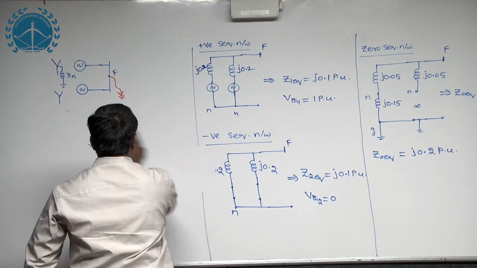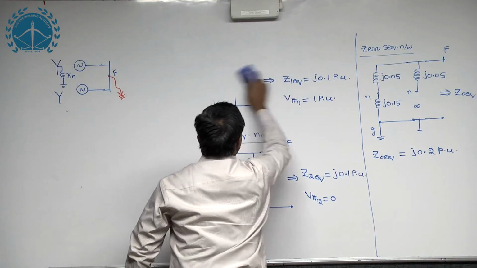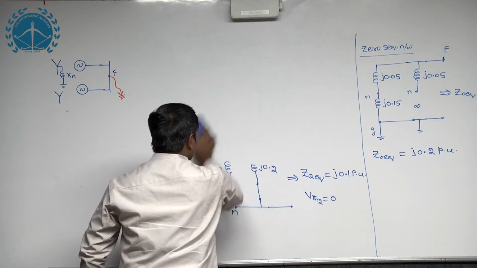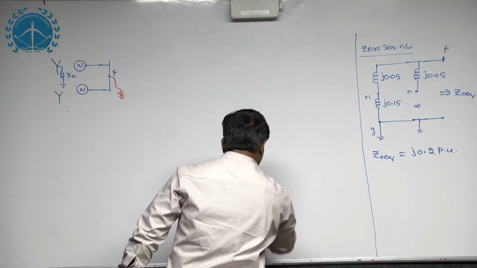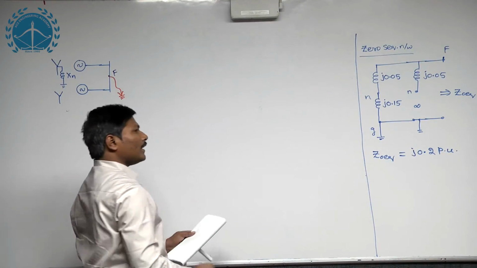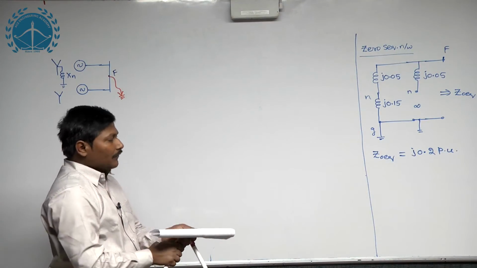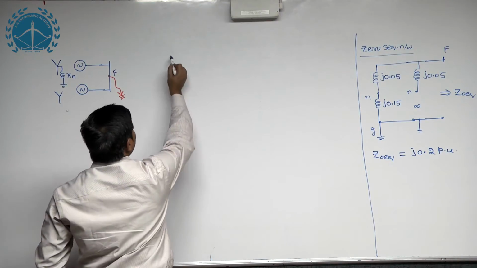Thevenin equivalent circuit, in the sense of the positive sequence Thevenin equivalent circuit, negative sequence Thevenin equivalent circuit, and zero sequence Thevenin equivalent circuit, and for the LG fault all three are connected in series.